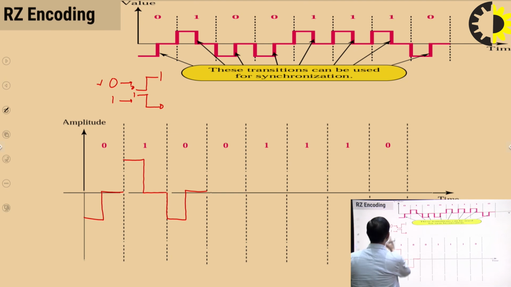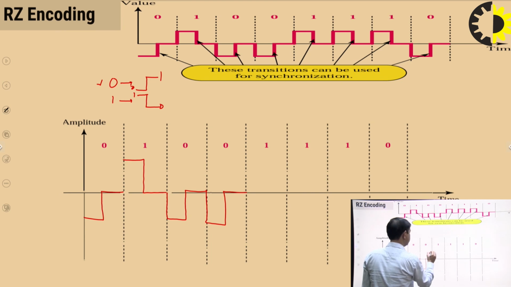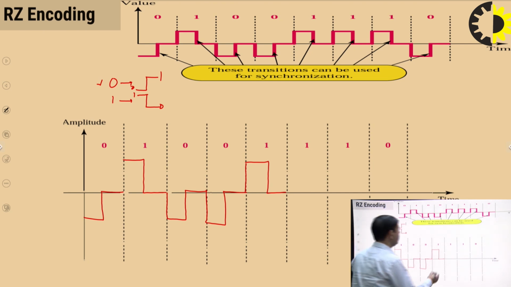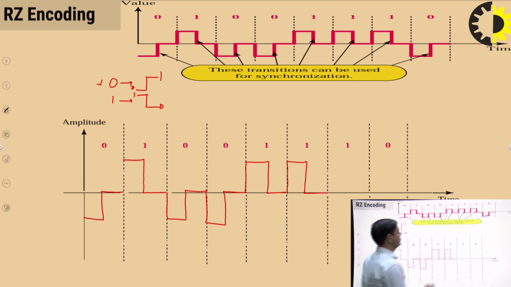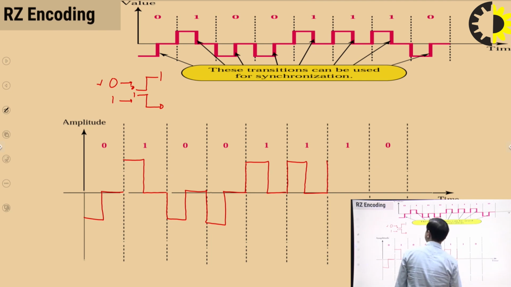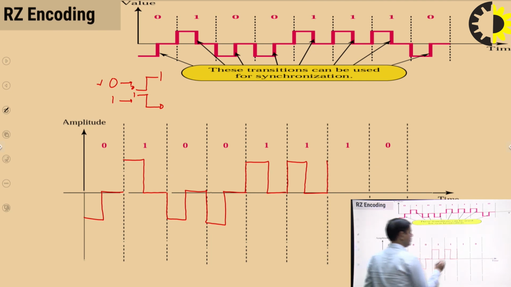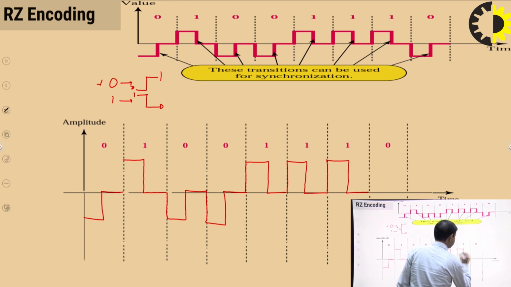Again 0, we take from the bottom side. Now 1 is encountered, and 1 means from top to down. Again 1, as we have discussed, 1 means from up to down. For 0, from the baseline to this.